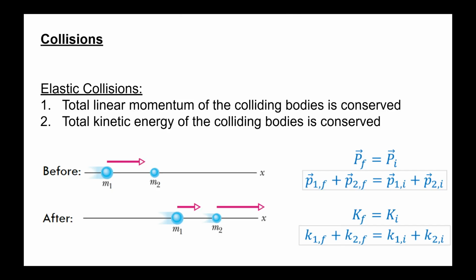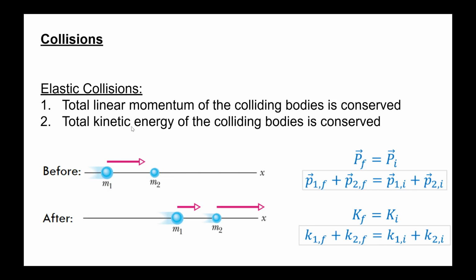Now, there's a couple ways to categorize collisions. We can call collisions elastic, which means that the linear momentum is conserved and also the kinetic energy is conserved. Kinetic energy is a concept that hopefully you've heard in chemistry class, as well as if you've taken physical science before.